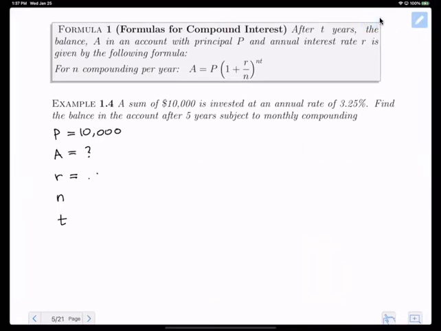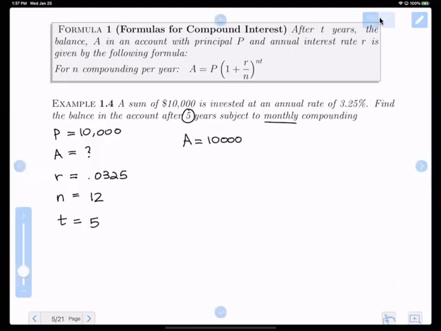The rate is 0.0325. How often do we get paid? It says monthly compounding, so it's 12. And how many years? It's 5 years. Okay, so we put this together into the formula. A equals 10,000 times 1 plus 0.0325 over 12, to the power 12 times 5, which is 60.